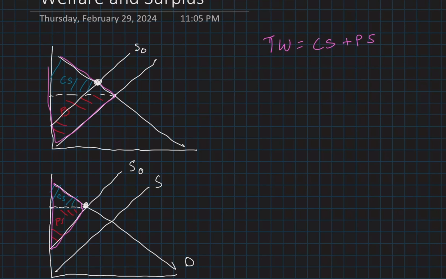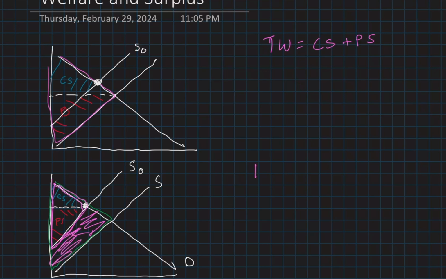So first of all, let's deal with the easiest one. What happens to total welfare? So total welfare used to be, I'm going to draw it with green, all of this, and now it's just this pink. Okay, so we lost this entire section. That was in total welfare, now it's gone.